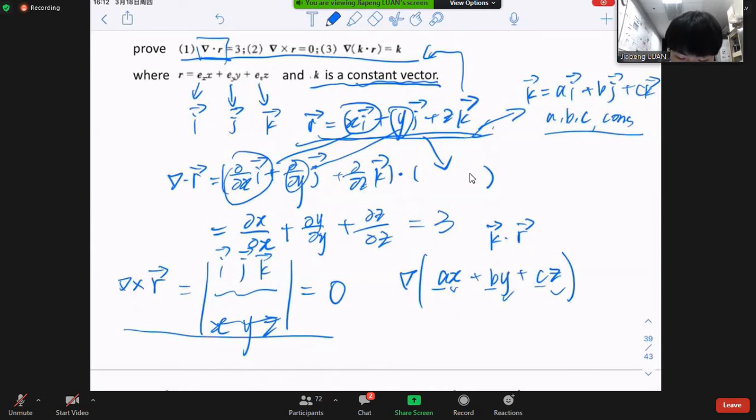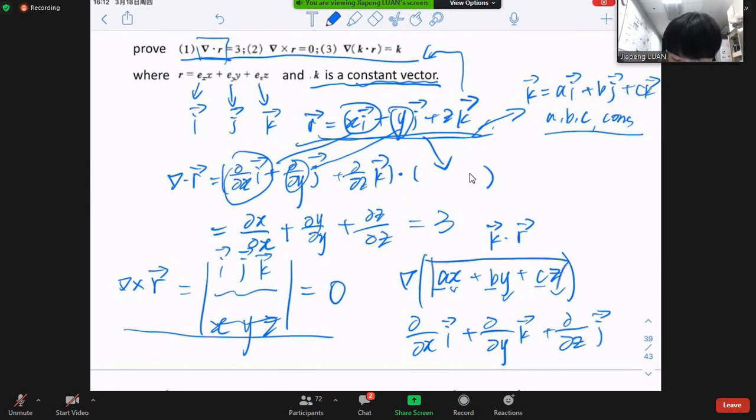So the gradient is, and you put this thing here, here, and here, right? If you put this here, you get A.